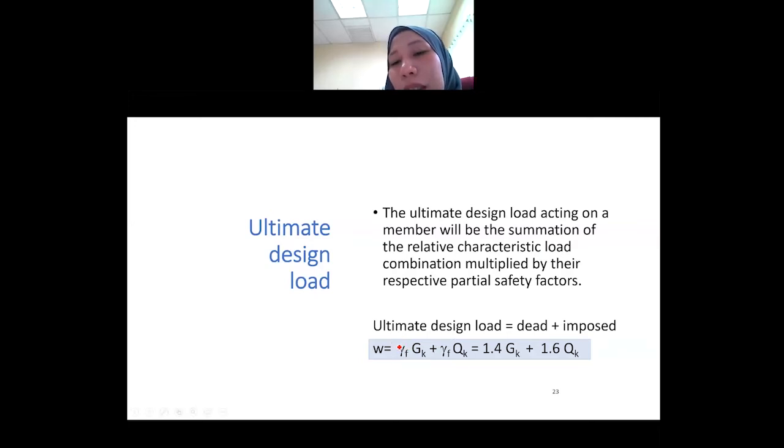Okay, safety factor tadi. So 1.4 GK plus 1.6 QK. So tadi kita dah refer to that table. It shows that for adverse situation, it should be 1.4 times GK, which is the dead load. And 1.6 is the safety factor again for imposed load, and QK adalah imposed load. Okay.